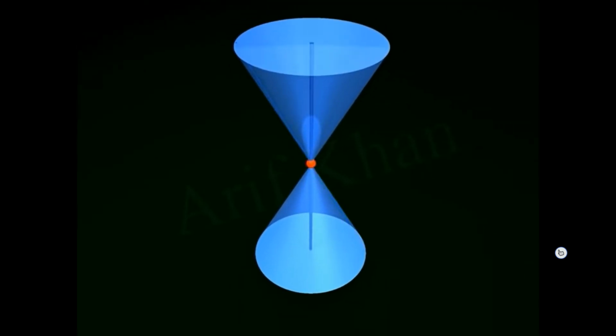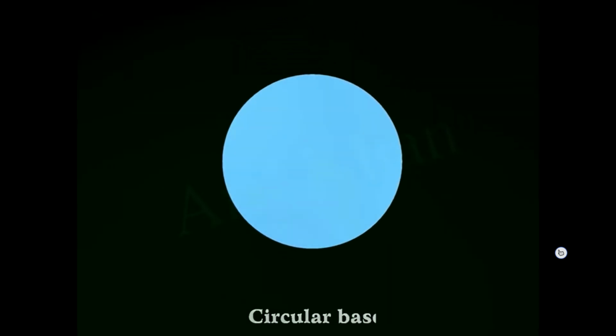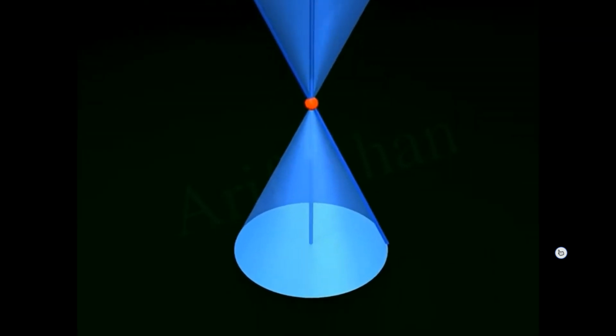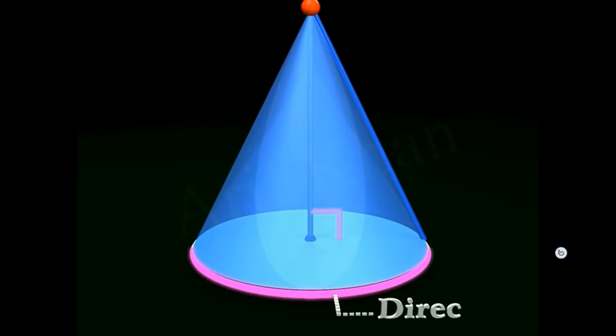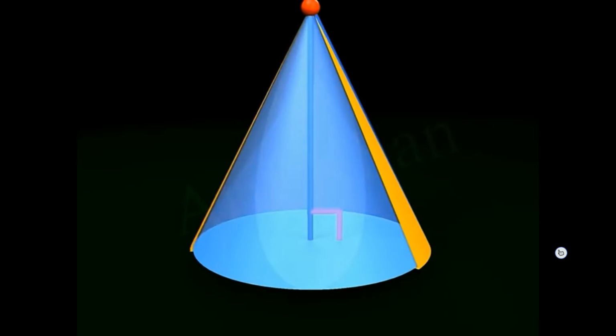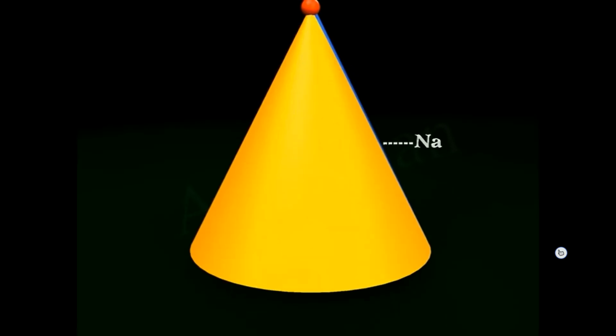The line that rotates about the vertex is called the generator, and the line that remains fixed is called the axis. A right circular cone has a circular base and its axis is always perpendicular line from the center of the base to the vertex. That's what makes it a right. The perimeter of the base is called the directrix. The lateral surface of a right circular cone is called a nap.